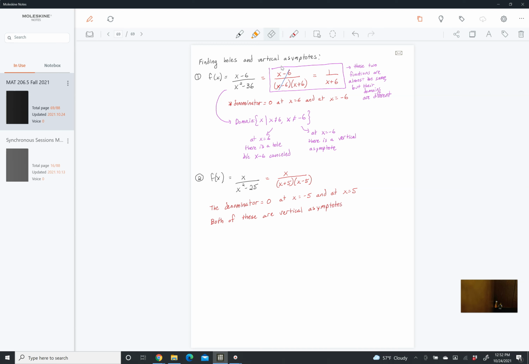So what does this tell us? There is a vertical asymptote at x equals 1. There is a hole at x equals negative 1. Okay, this is because x plus 1 cancels.